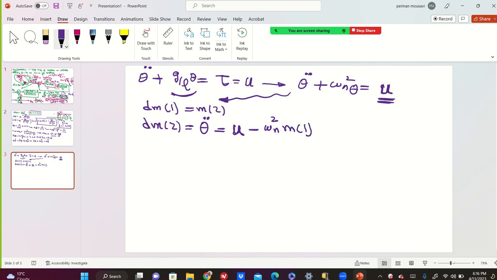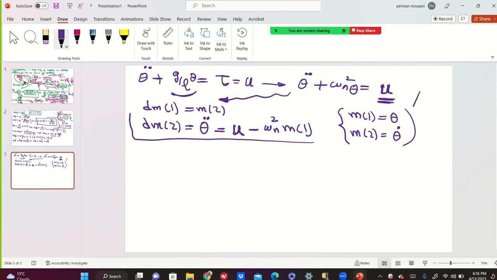Right? Remember, the state variables: m1 was theta and m2 was theta dot, from the first class of this course. So dm1, the time derivative, is theta dot, which is m2. dm2 is theta double dot, which is u minus omega n squared m1. Yes or no? Yes. So here we go.